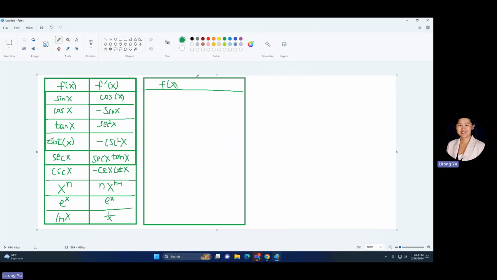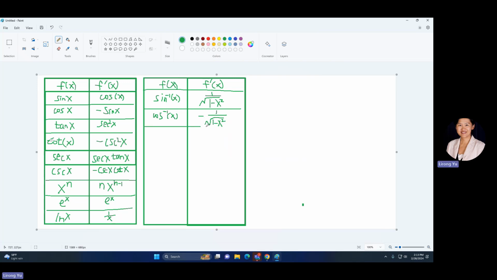Original function, derivative function. All right, the derivative of sine inverse is 1 over the root of 1 minus x squared. The derivative of cosine inverse has a similar structure. This is the original function, and the derivative function is negative 1 over the root of 1 minus x squared.